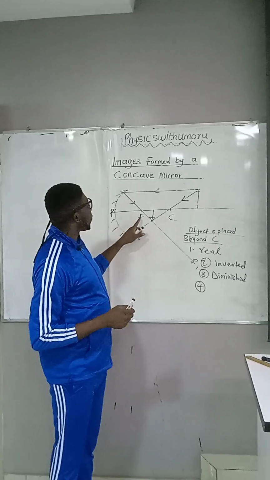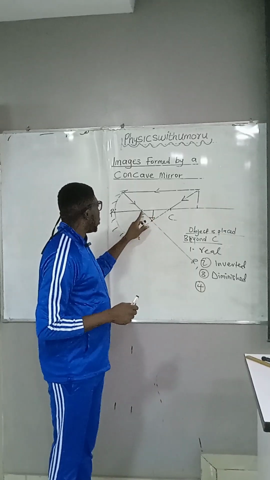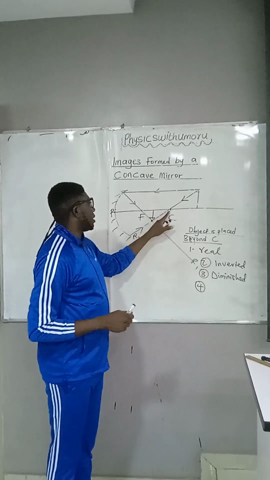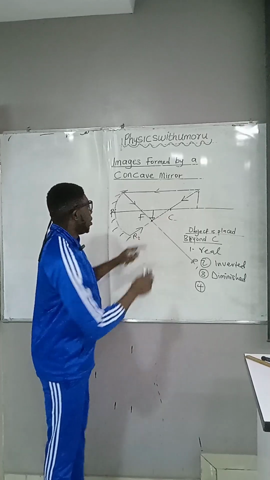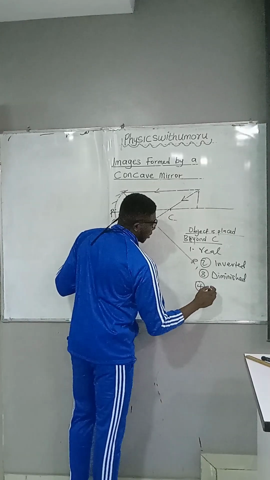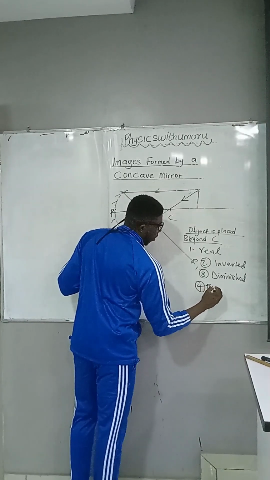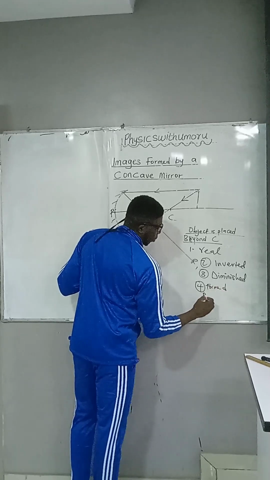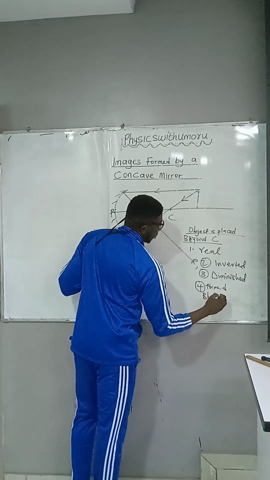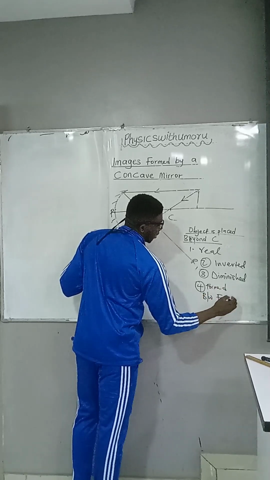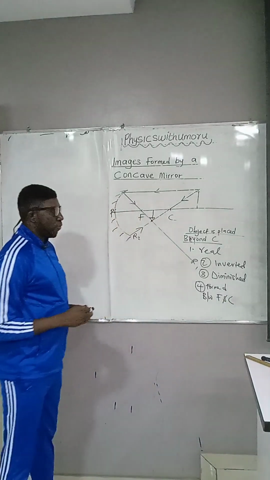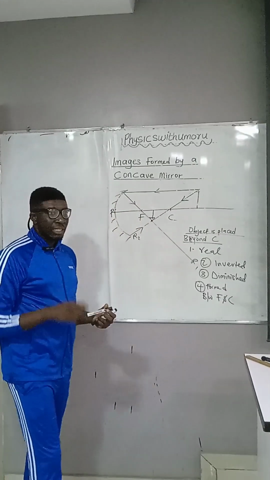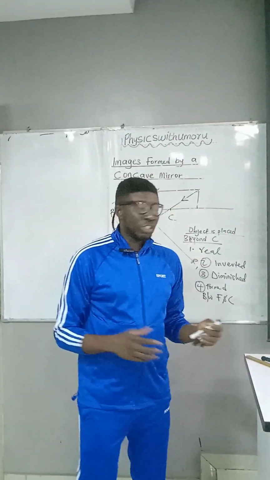And number four, what can we say about where the image is formed? The image is formed, you can see, between the principal focus and the center of curvature. So we can say that the image is formed between F and C, between the principal focus and the center of curvature.